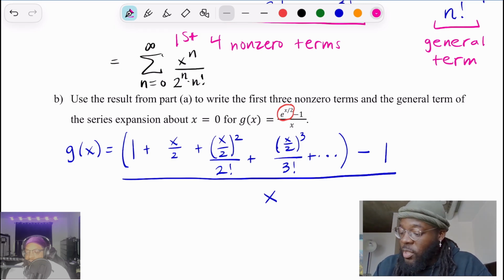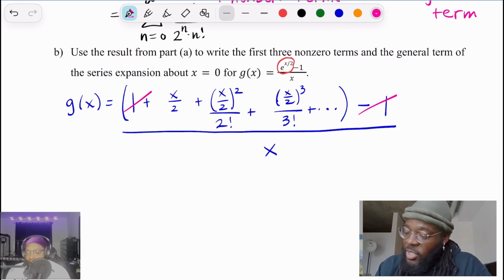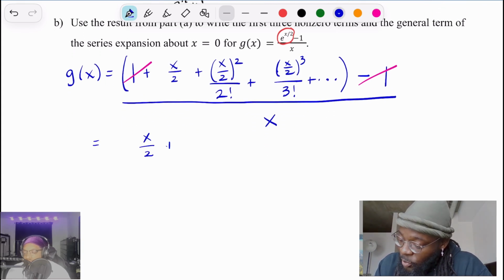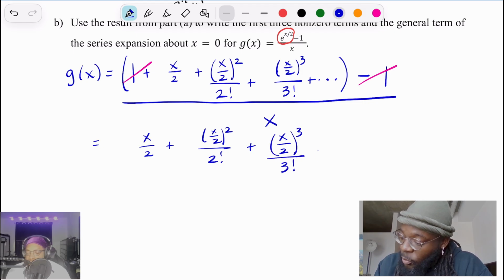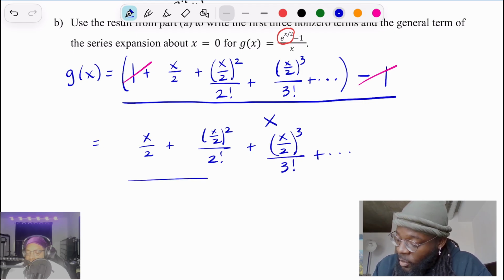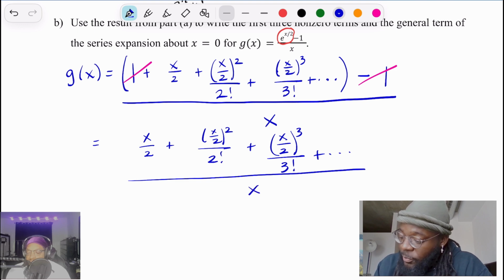So what happens really is this 1 will add to 0 with this 1. So that cancels out. So then now I just have x over 2 plus x over 2 squared over 2 factorial plus x over 2 cubed over 3 factorial plus dot dot dot, all divided by x in the denominator.